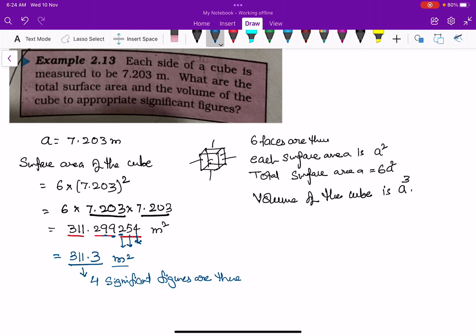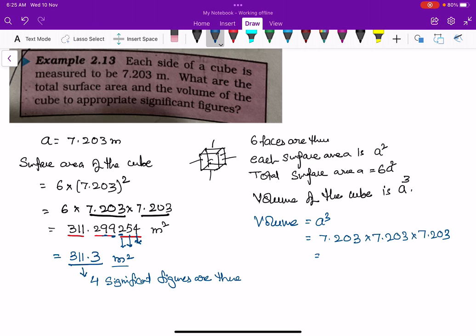Now what is the other problem here? Finding a cube. Volume is equal to a cube. A cube means here 7.203 into 7.203 into 7.203.